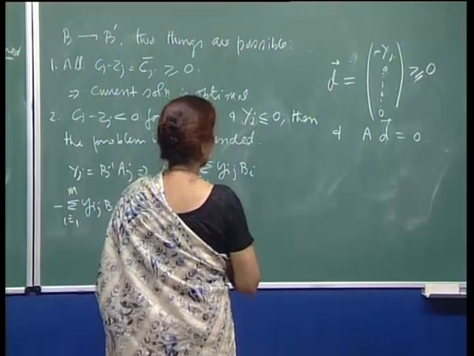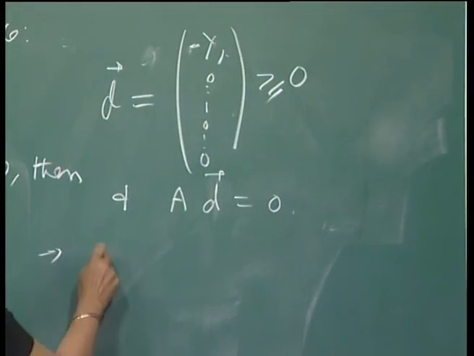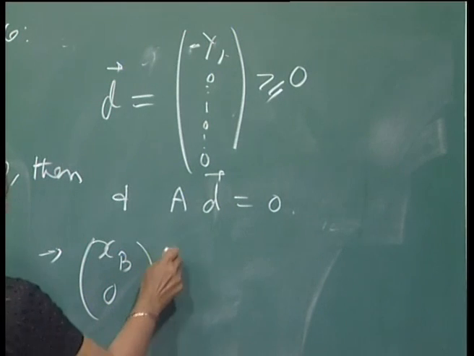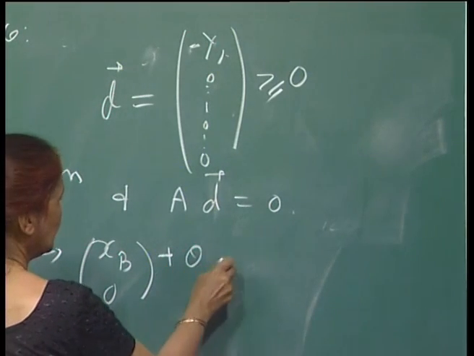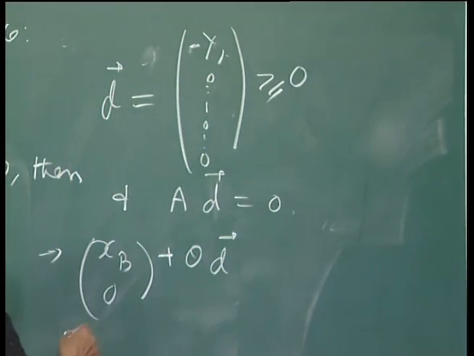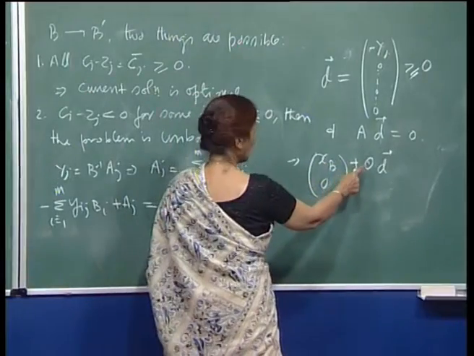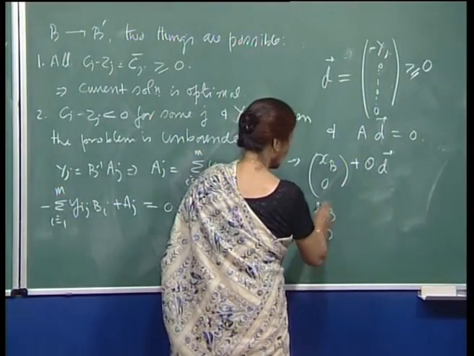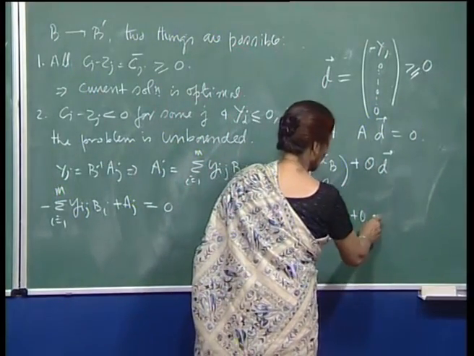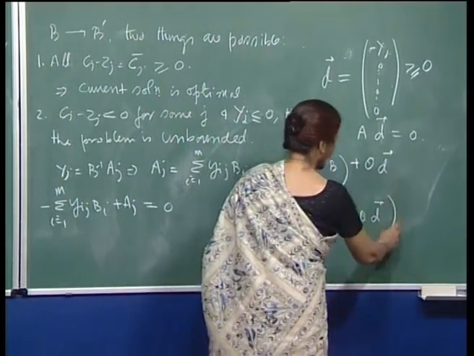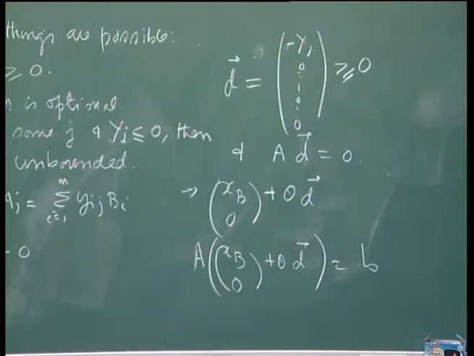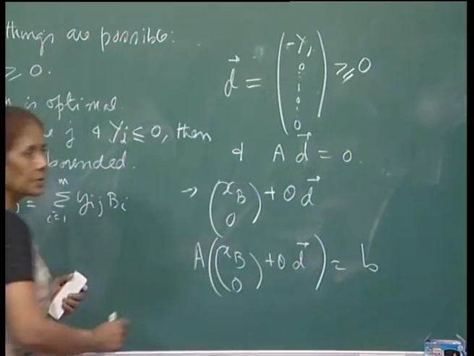So, this implies that when you write x b 0 plus theta d, then A of x b 0 plus theta d is actually B, because A of D is 0 and this is already a basic feasible solution.